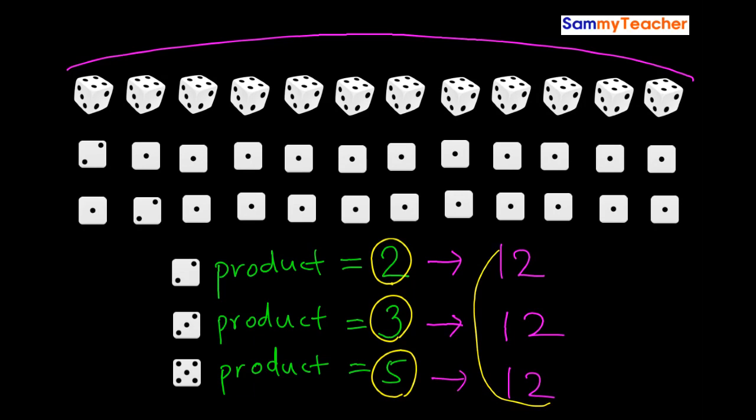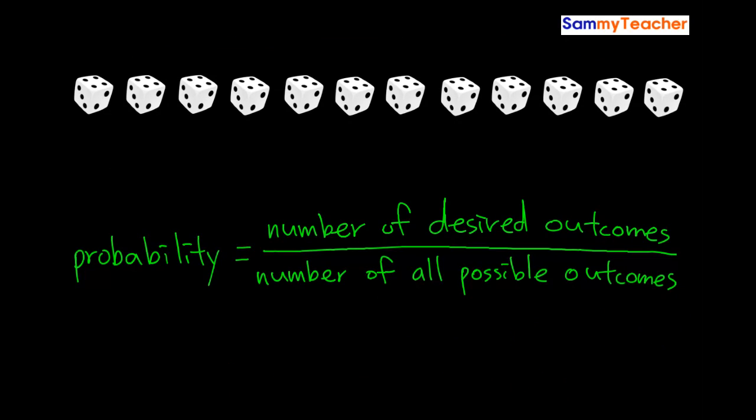And there are altogether 36 possible outcomes that can give a prime number product. And we're almost ready to answer the original question. What is the probability of getting a prime number when we multiply all the 12 numbers of 12 rolled dice? And there were 12 different ways to get 2 as the product, and another 12 ways to get 3 as the product, and still 12 more ways to get the product of 5.